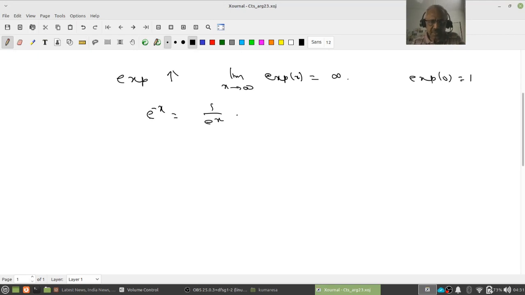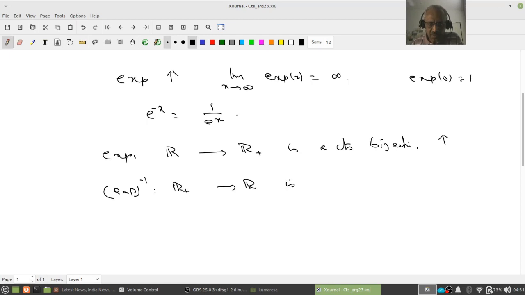So the important thing I want to say is, therefore, exponential from R to R plus is a continuous bijection and an increasing function, therefore its inverse, from R plus to R, will also be a continuous bijection, and it will also be increasing.